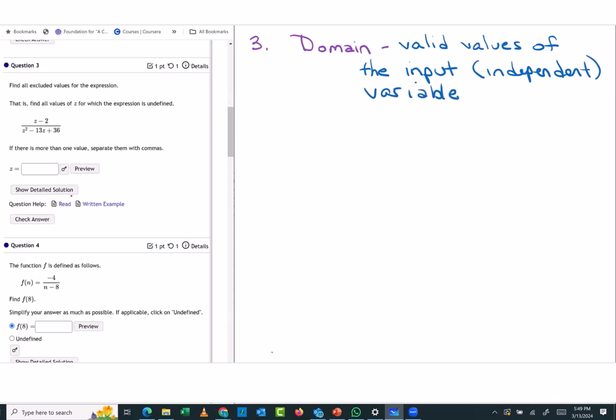Now, with number 3, notice what they're asking for is the invalid ones. We want to exclude some values. To exclude values, we have to also know what we're going to keep.